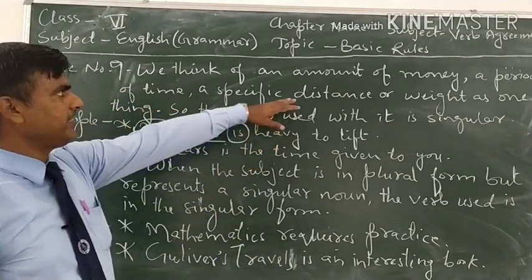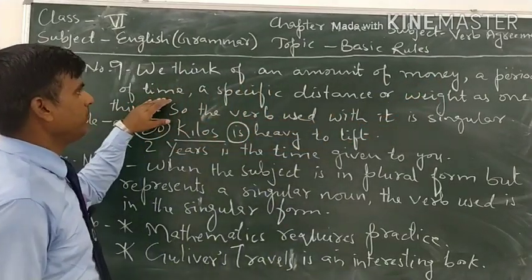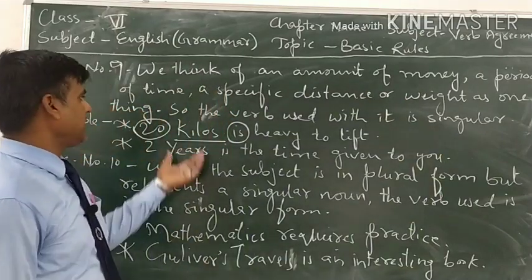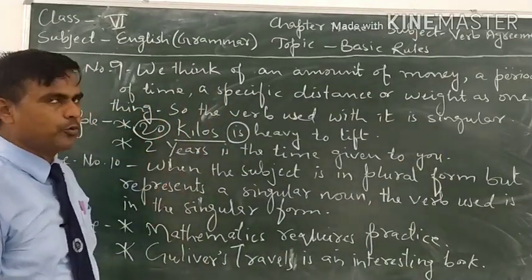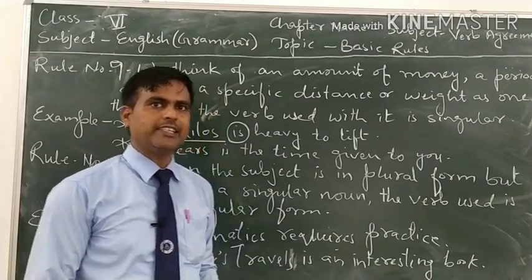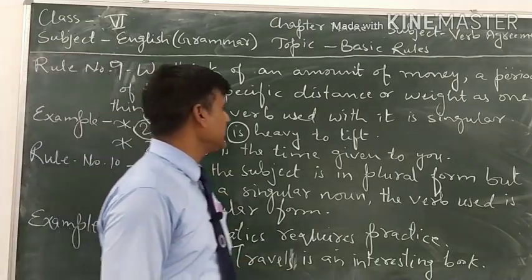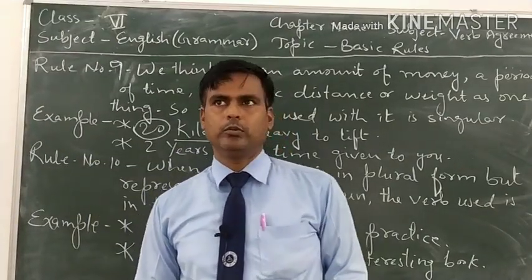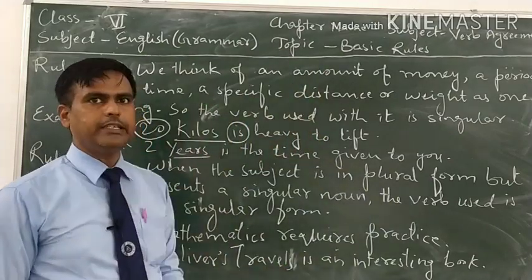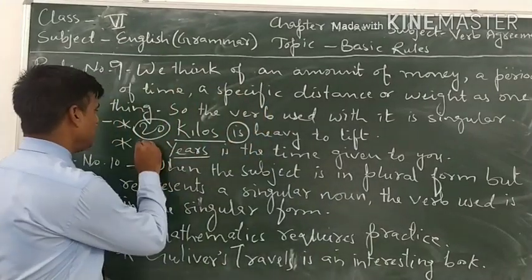As it is said, if an amount of money, a period of time, a specific distance or weight is used, we will use a singular verb. Now come to the second example: 2 years is the time given to you. Years suggests that the subject is plural, but we add the digit 2.